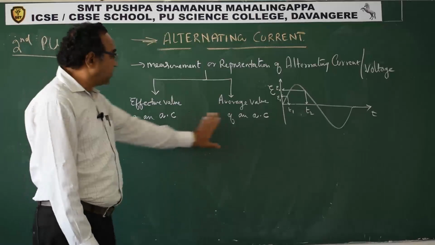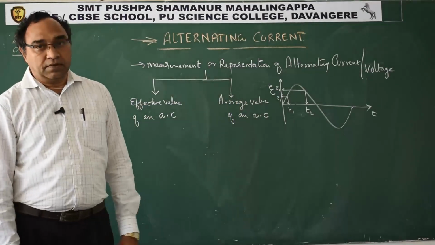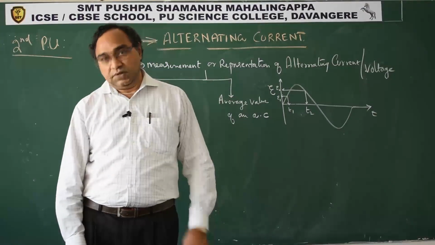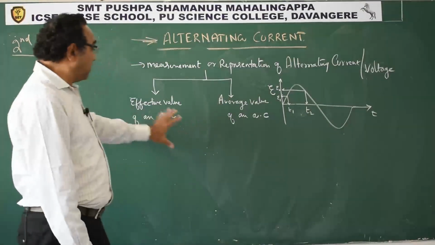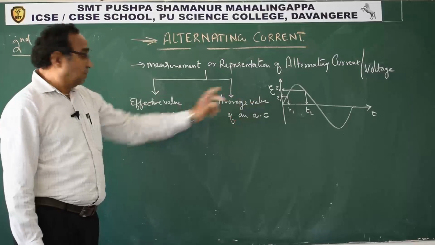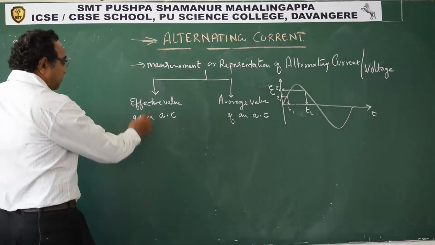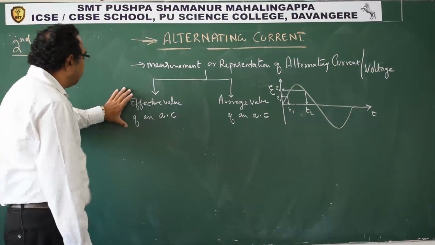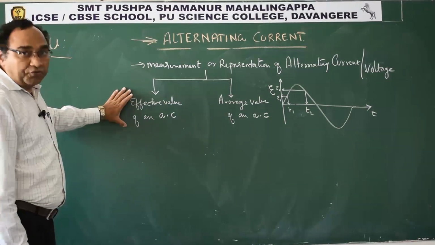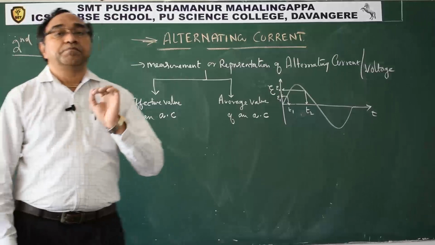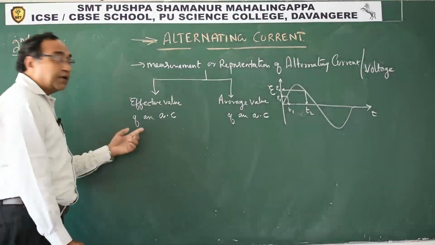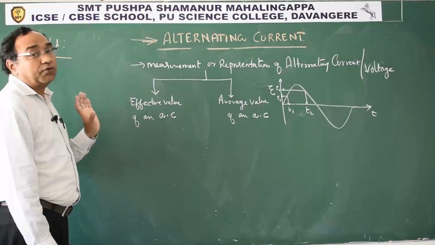These are two methods by which we can represent it, like how we say in DC 1.5 volt fixed. What is effective value? In order to measure effective value, we are using one property, that is heat.